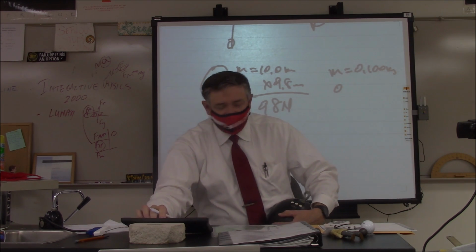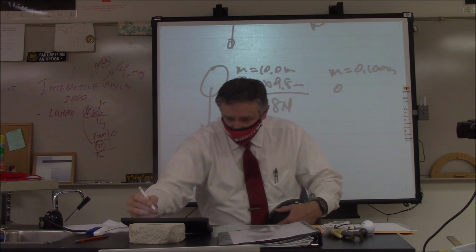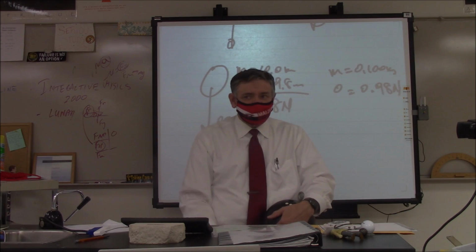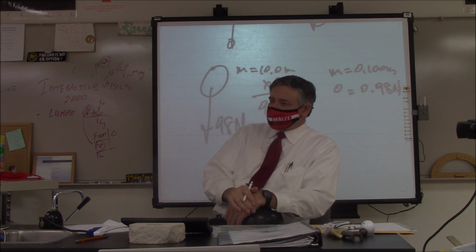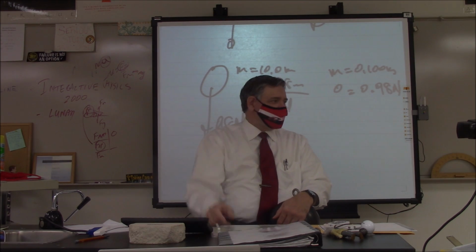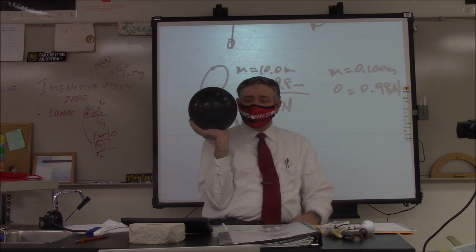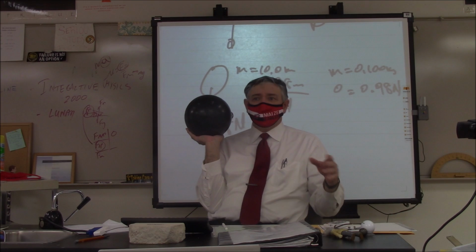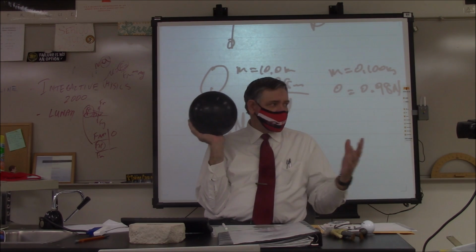Now, if you do the same thing with Gary the golf ball, if I take 0.1 times 9.8, that would get me 0.98 newtons. So right away, do not tell me, oh, gravity is the same for everything. It's not, okay? There's much more of a gravitational force on Hank than there is on Gary. Gravity isn't the same. We'll see that it has the same effect, but it's certainly not the same.